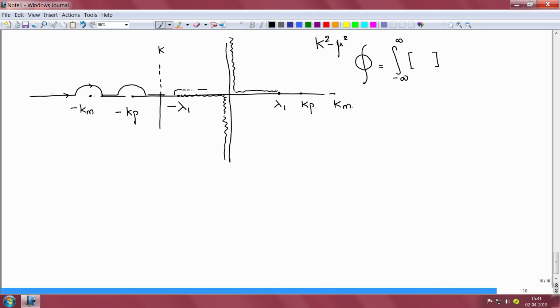So now I come from minus infinity, go around minus km, go around minus kp, come forward, get on to the branch cut, cross the origin over here. I am all on this cut over here, get off the cut, go forward, circumvent the kp pole, go forward, circumvent the km pole, go forward to infinity.